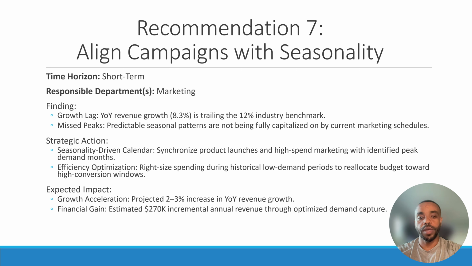To right size spending during historical low demand periods to reallocate budget toward high conversion windows. With this strategy, we expect growth to accelerate by an additional 2 to 3% and an estimated 270K dollar incremental annual revenue through optimized demand.